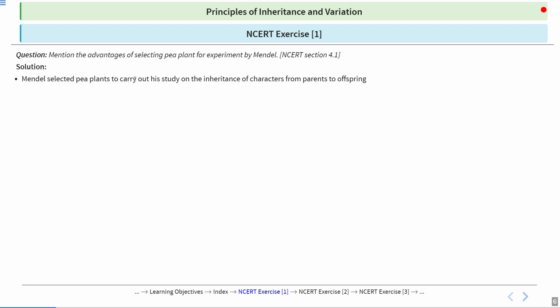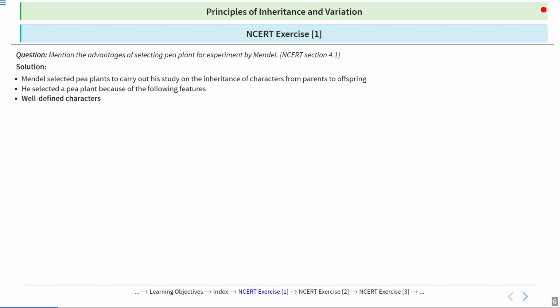Mendel selected pea plants to carry out his study on the inheritance of characters from parents to the offspring. Clear? Mendel was studying how the characters, how the traits, are being transferred from parent to the offspring. So he was studying inheritance. He selected the pea plant because of the following features.